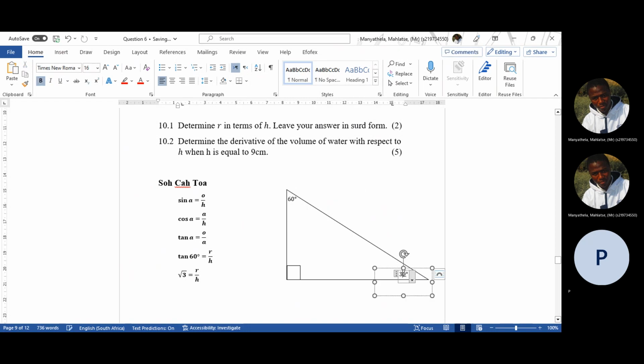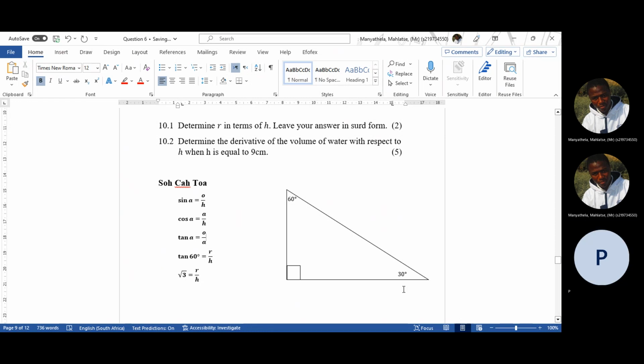If we are looking at this angle 30 degrees, this side will be the opposite side, this one will be the hypotenuse, and this one will be the adjacent.